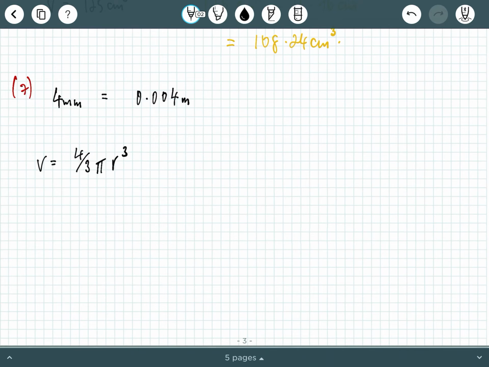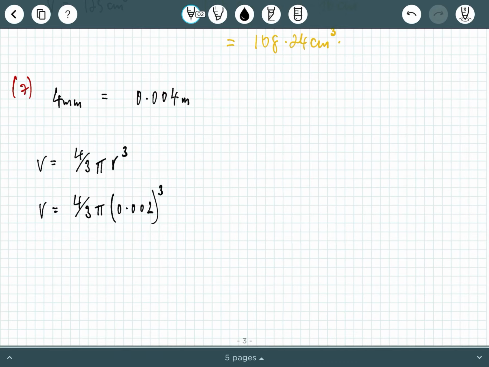Now what we do is work out 4/3 pi. The 4 millimeters represents the diameter, and we want the radius, so it's going to be 0.002, cubed.